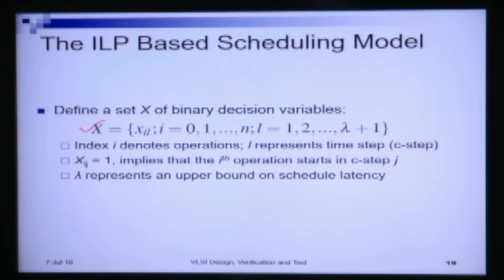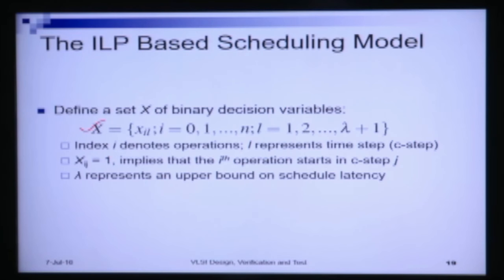So, here index i denotes operations and l denotes time step, and the variable x_ij will be set to 1 only when the ith operation is scheduled to start in time step or C step j. So, x_ij equals 1 implies that the ith operation starts in C step j, and lambda represents an upper bound on the schedule latency.